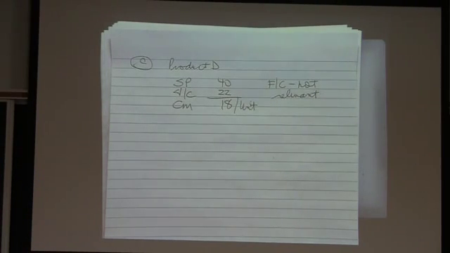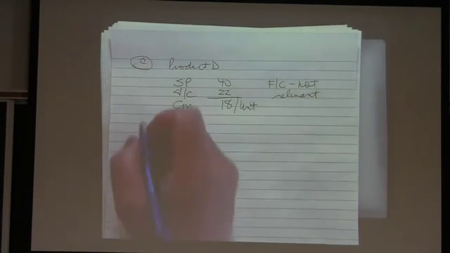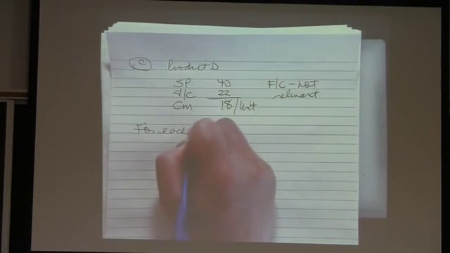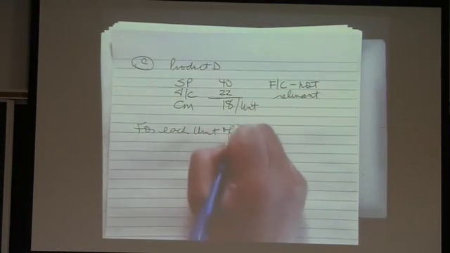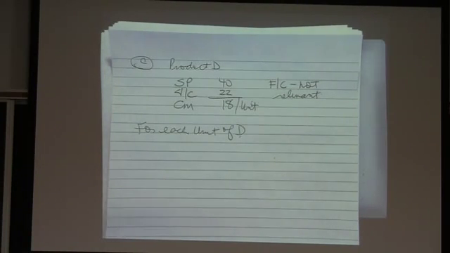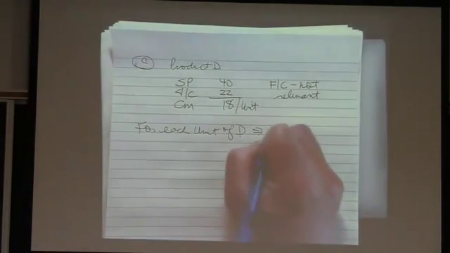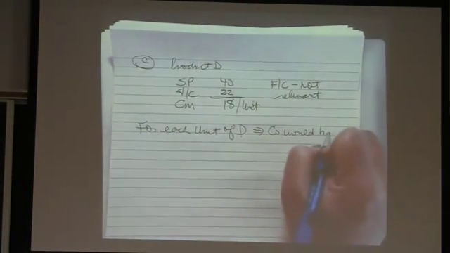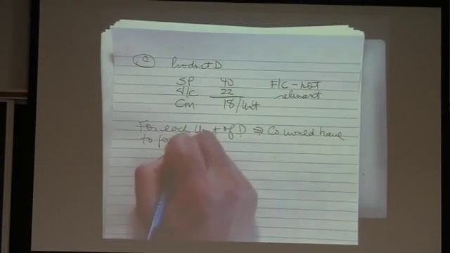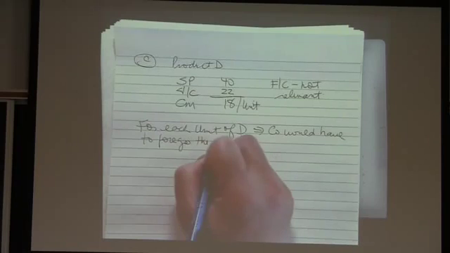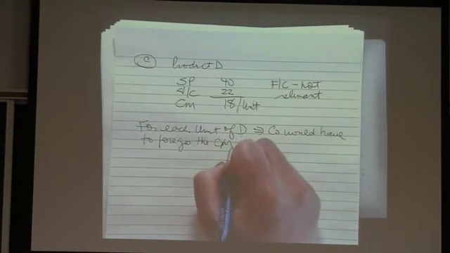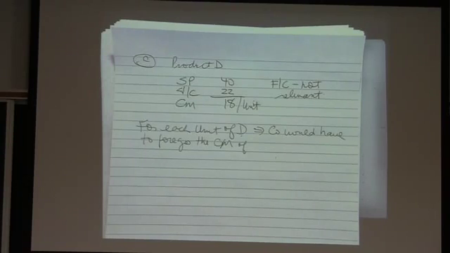Now, for each unit of D, the company would have to forego the contribution margin of which one?